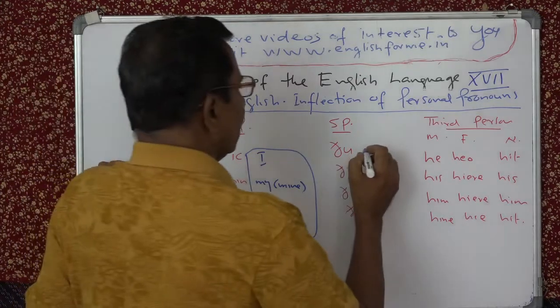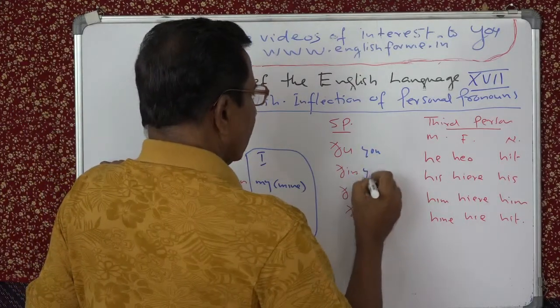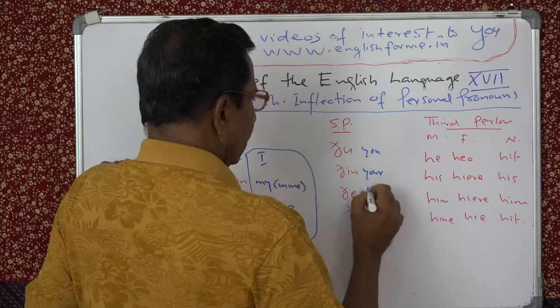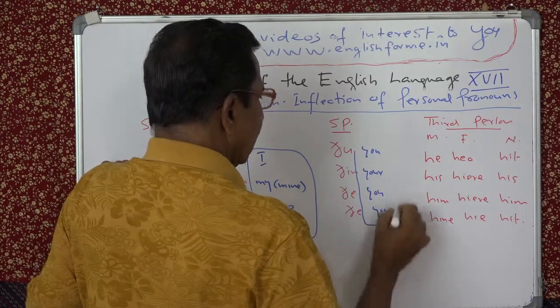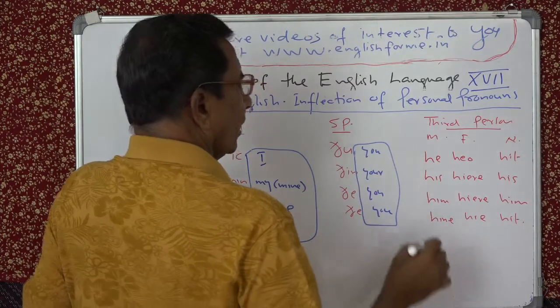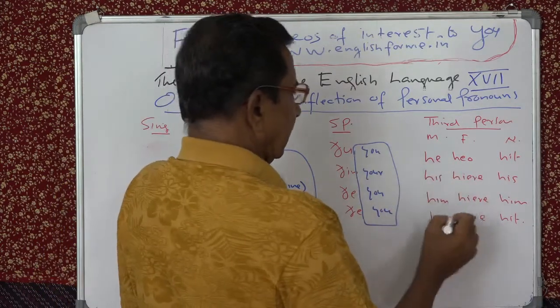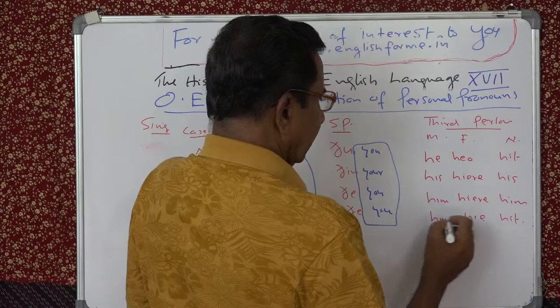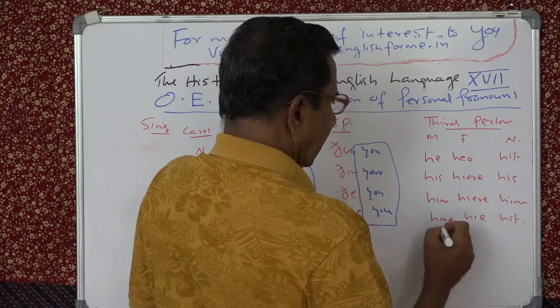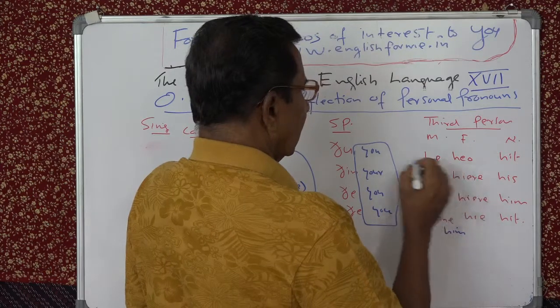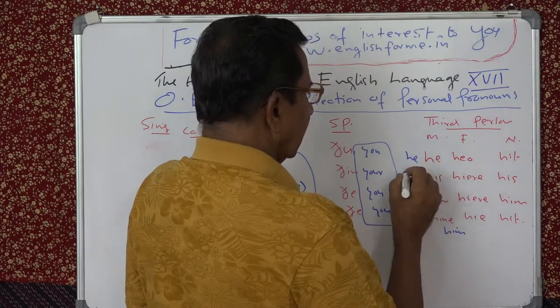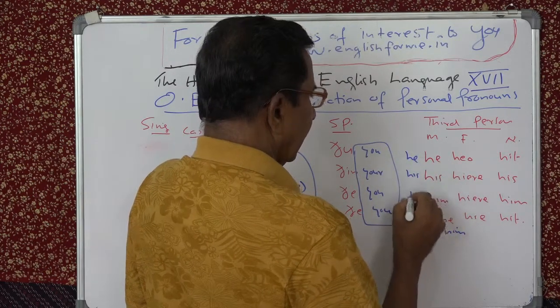Here you have you, your, you, same. Here you have he, his, him. Instead of this you have him. Or you can write it he, his, him.